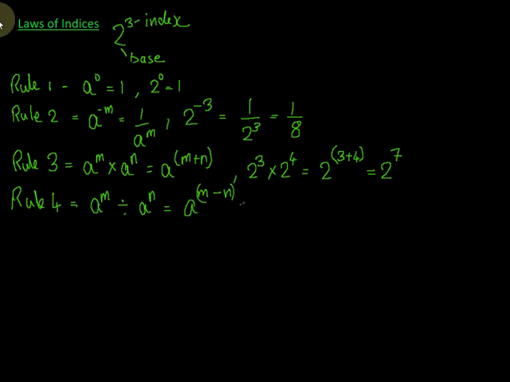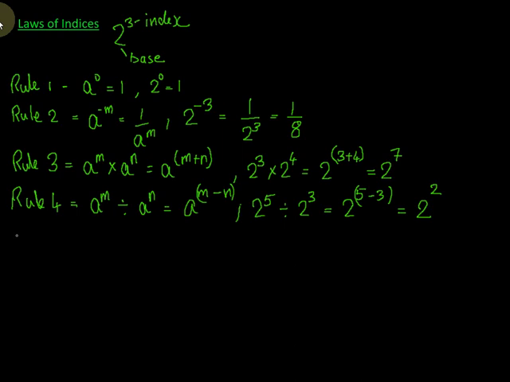Let's check this with an example. For example, 2 to the power of 5 divided by 2 to the power of 3 is equal to 2 to the power of 5 minus 3, which is equal to 2 to the power of 2.